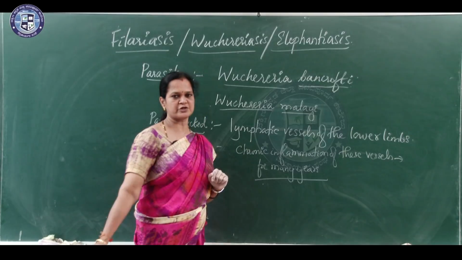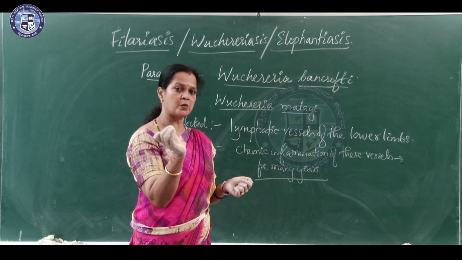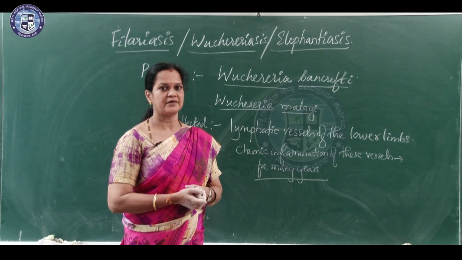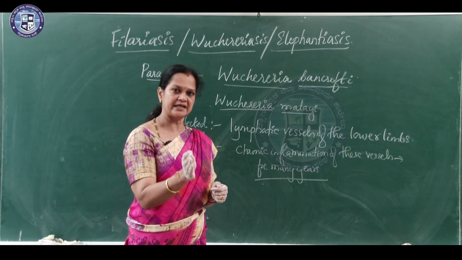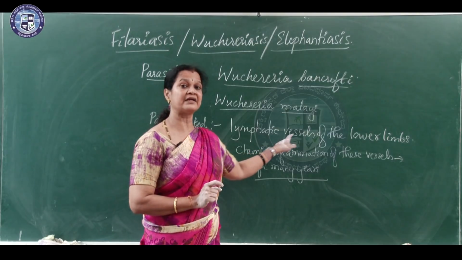It is a long duration type of disease. Chronic and slow, it develops day by day, not acute and fast, all of a sudden. The parasite lives in the lymphatic vessel.